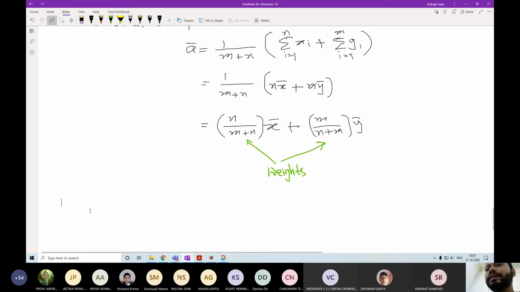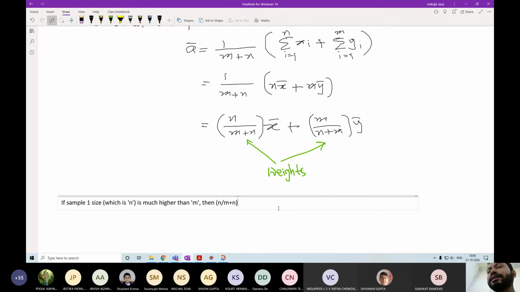Essentially, the point is that if the size of sample 1, n, is much higher than m, then from the above expression you see that n over m plus n is very close to 1, while m over m plus n is close to 0.